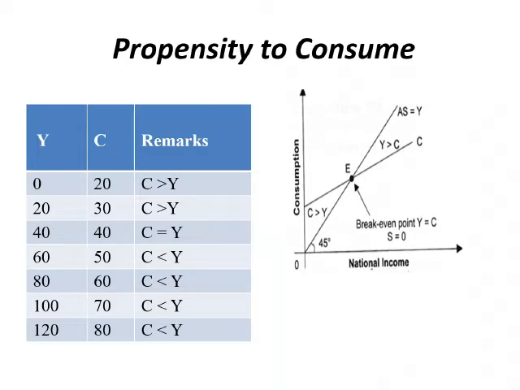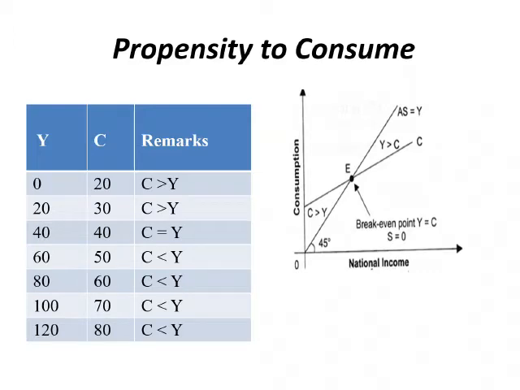Consumption cannot be 0 even when income is 0 because some expenditure is always essential for survival. It is called autonomous consumption. This is done either by using past saving or by borrowing. So we can say the consumption curve starts from a point on the y-axis.